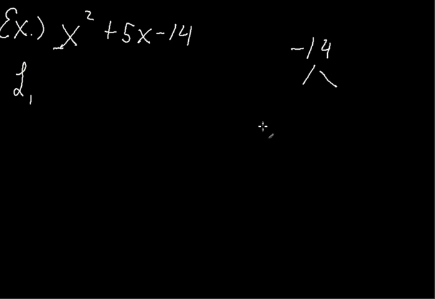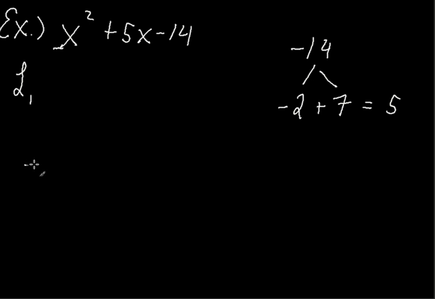What are the factors of 14? 1 and 14, 2 and 7, there are no factors of 3, so 7 and 2 and 14 and 1. Which ones would have a difference of 5? It looks like 2 and 7 would work, but I need them to multiply to a negative number and add to a positive number. So I'm going to pick negative 2 and 7, because if I add these, I get 5, which is what I need.